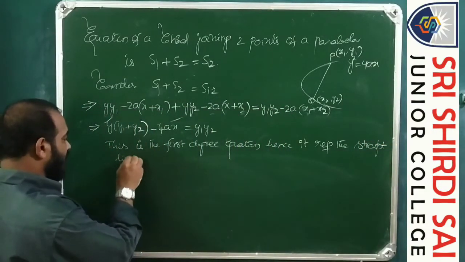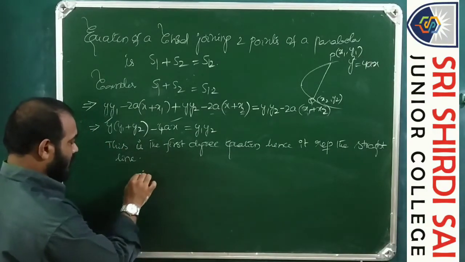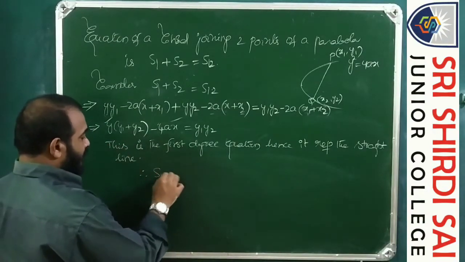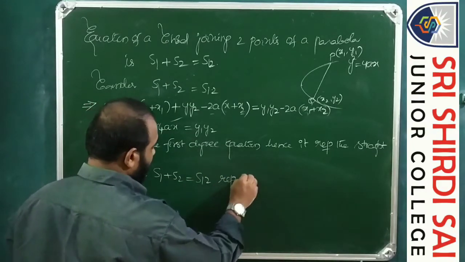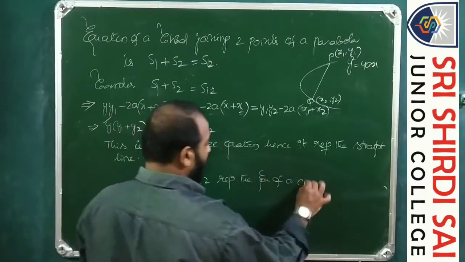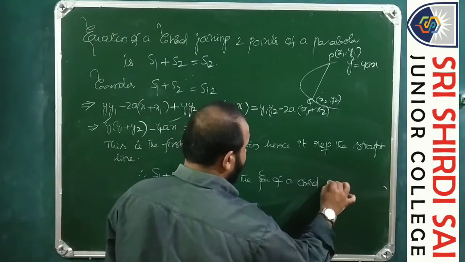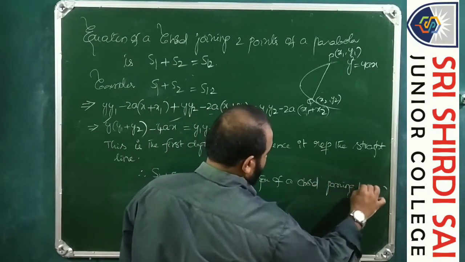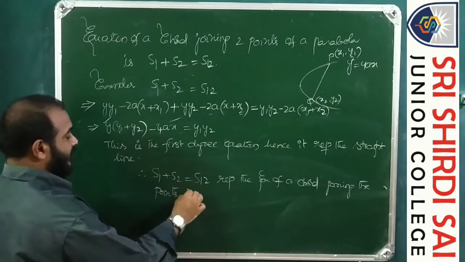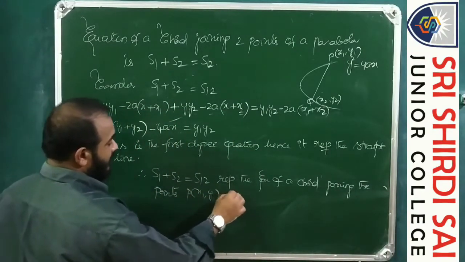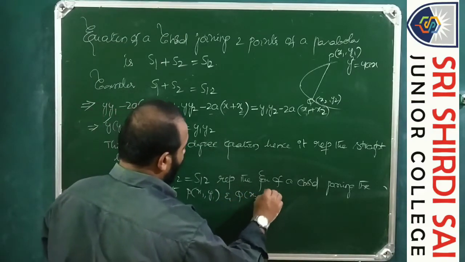This represents the straight line. Therefore, S1 plus S2 is equal to S12 represents the equation of a chord joining the points P x1 y1 and Q x2 y2.